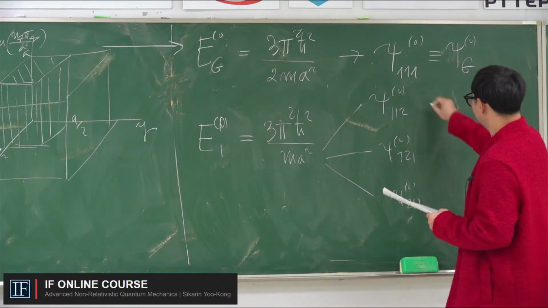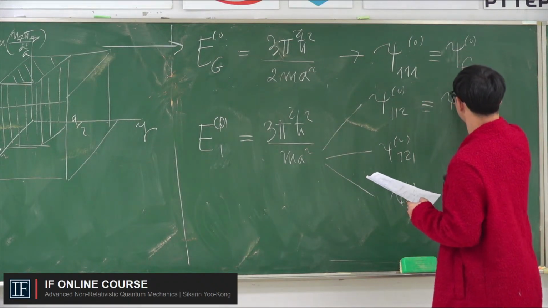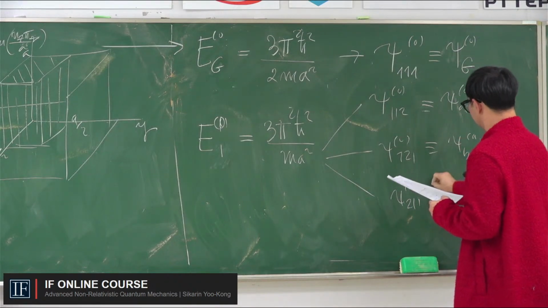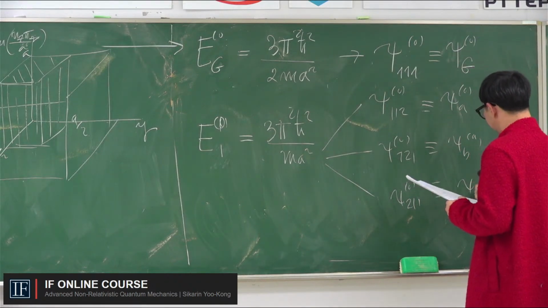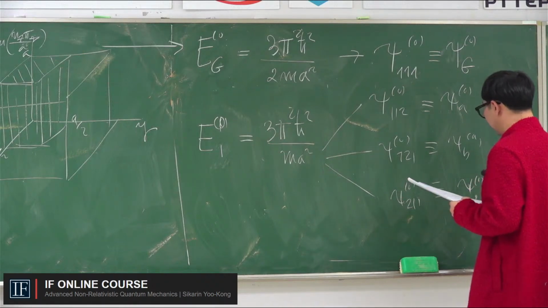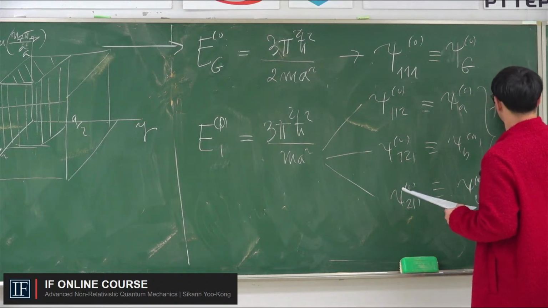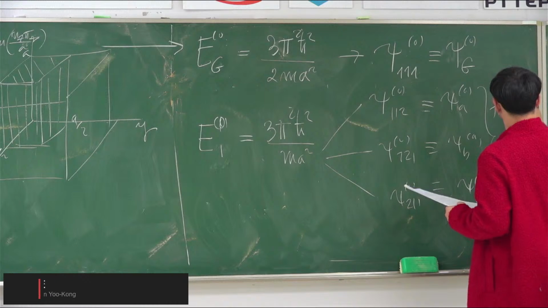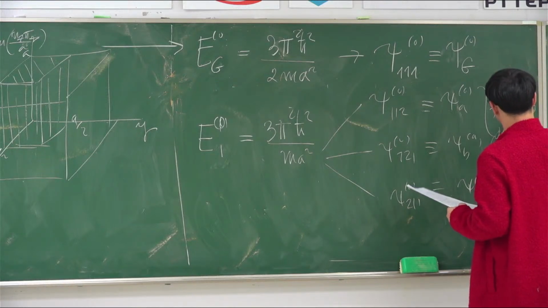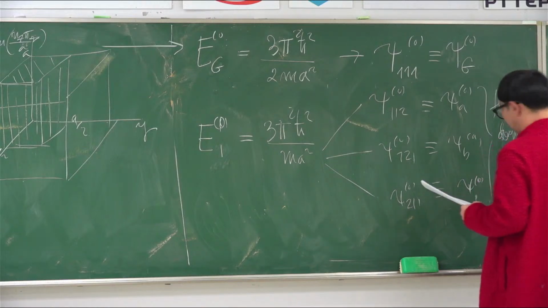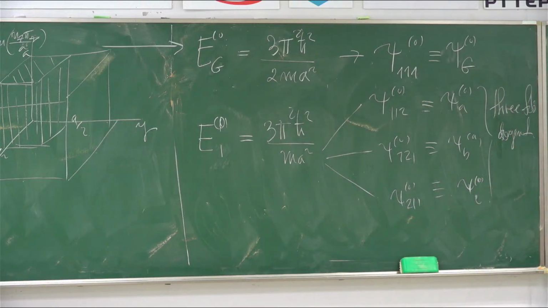Okay, so I'm going to call these A, B, C. You see that in this case we have three-fold degenerate.